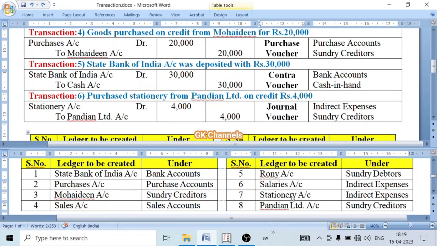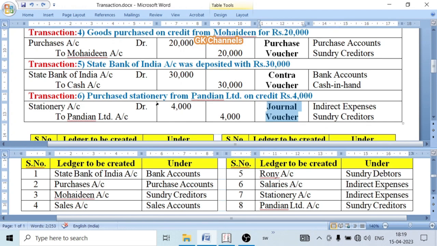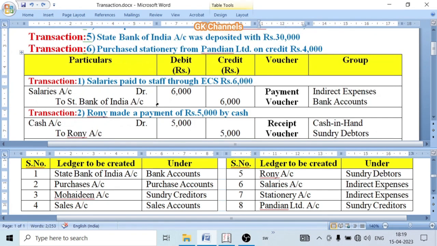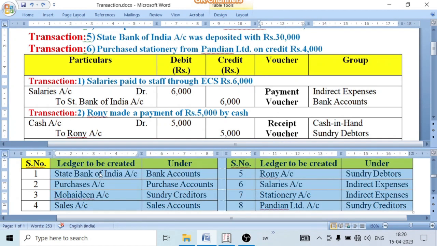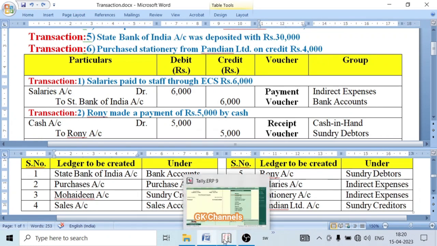Stationery account is created under indirect expenses, and Pandian Limited account ledger is created under sundry creditors group. So first we need to create all these 8 ledgers for putting this transaction. So these 8 ledgers are created in the tally. We will see how we are doing it now.